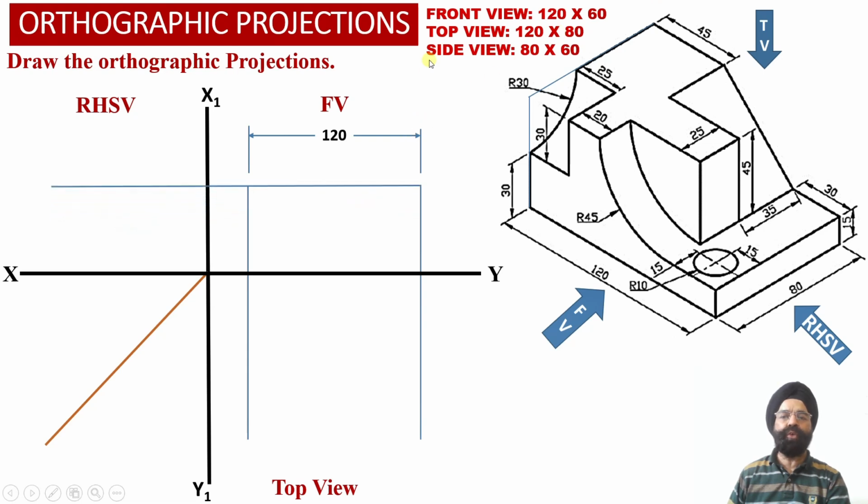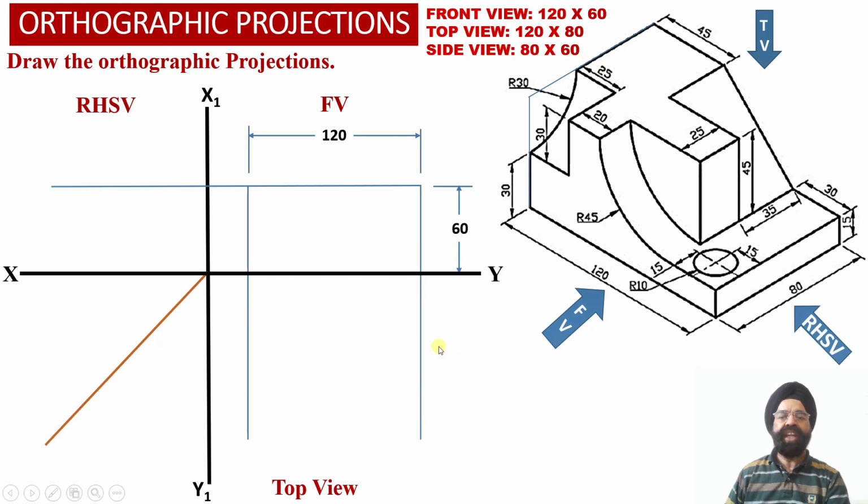Now we know that in the front view projections, the height of the solid is 60 millimeter. So we have marked this height by drawing a horizontal projector line at a height of 60 millimeter from the XY reference line, and we have extended this horizontal projector line into the right hand side view projections, because there also we require the height of the solid equal to 60 millimeter.